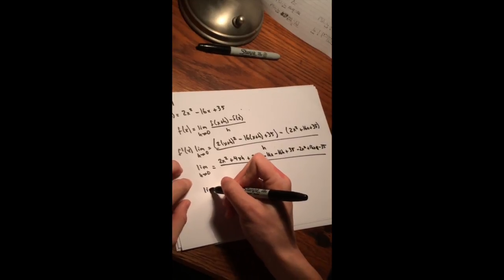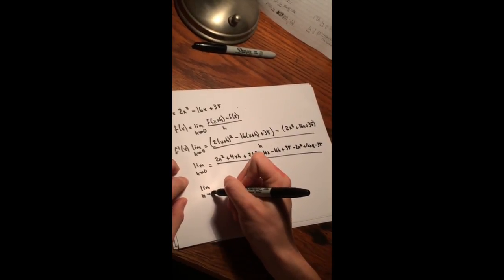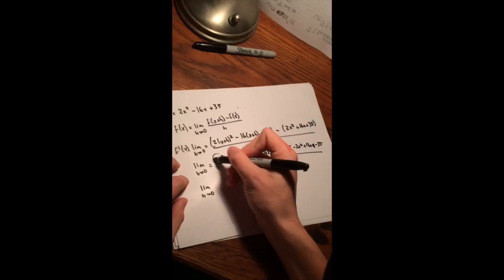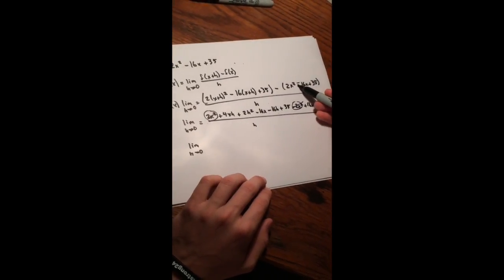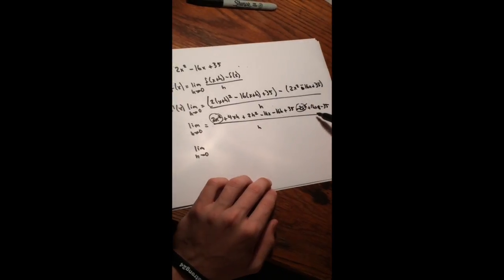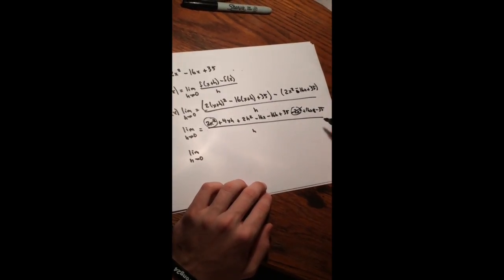As we simplify it a little bit, we will see that we can cancel out. So I need to go back. I corrected this. I had this as a plus. It was really a minus. So that is crucial to the simplification of this problem.